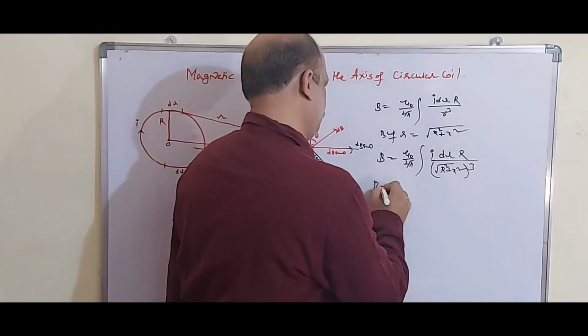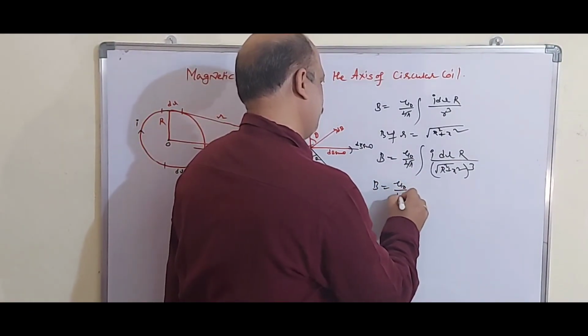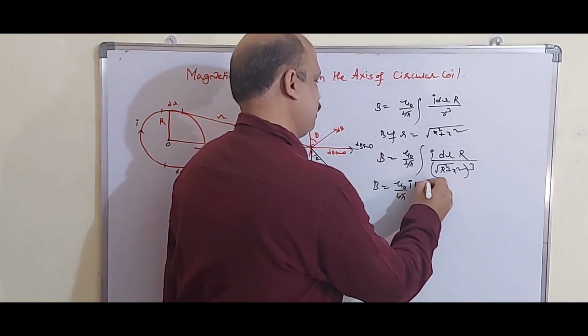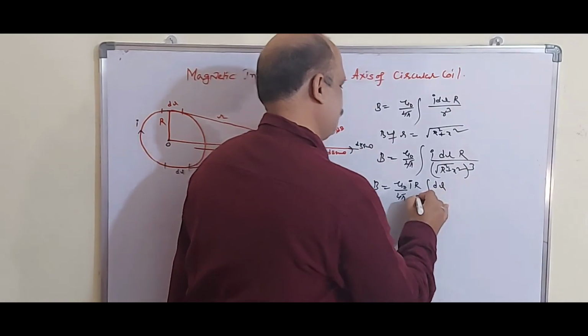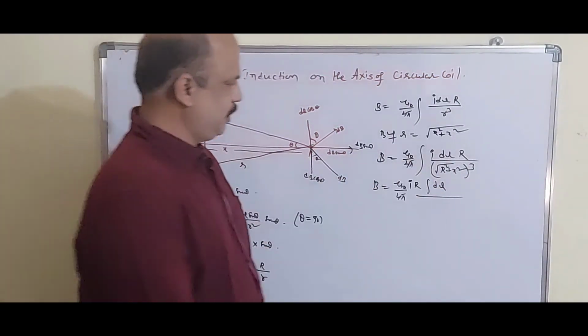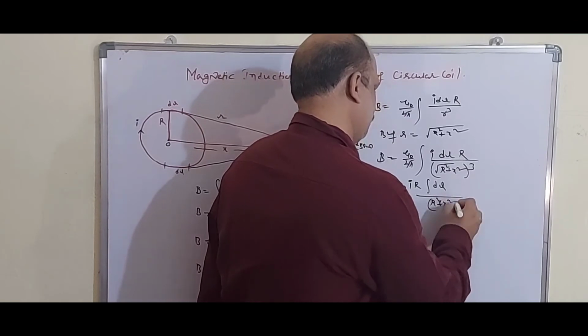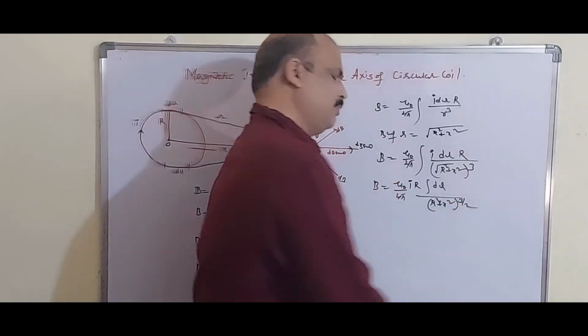B is equal to mu naught by 4 pi I R, integration of dl divided by (R square plus x square) whole power 3 by 2.